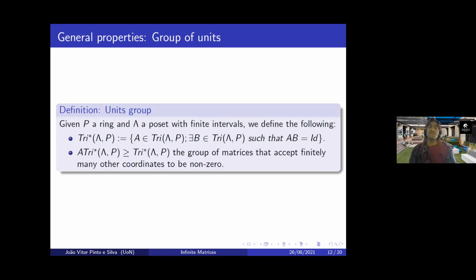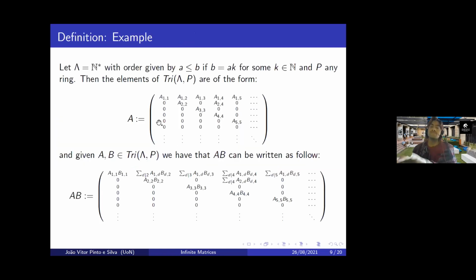And we will define the almost triangular matrices, ATri*_Λ(P), as the group of matrices that accept finitely many other coordinates to be non-zero. So going back to this example here, ATri*_N(P) would also accept finitely many of these coordinates that were originally 0 to be non-zero.